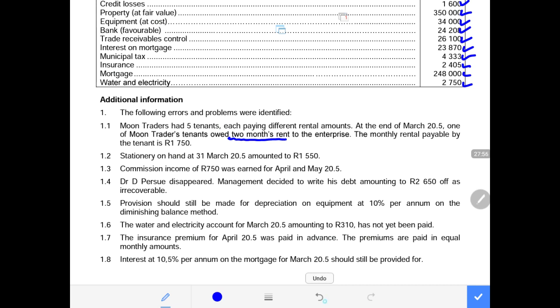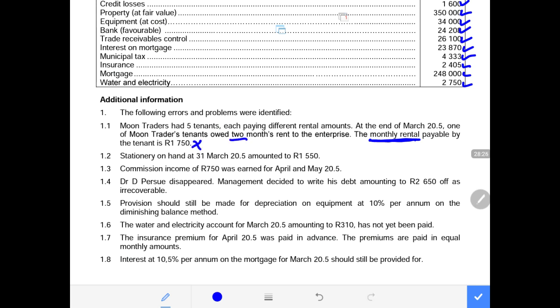If he owed 2 months rental to the enterprise, it means we are supposed to receive the amount, but the tenant did not pay the rent for 2 months. The monthly rental payable by the tenant is 1,750. Take note, the monthly rental payable by the tenant is 1,750. So this tenant is renting at 1,750, but he owes the amount for 2 months.